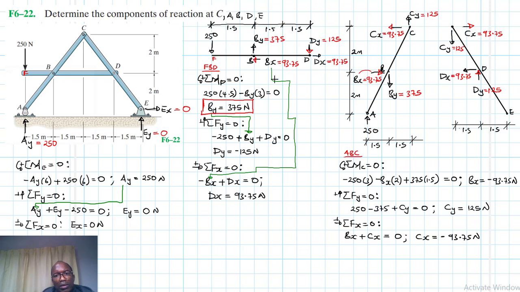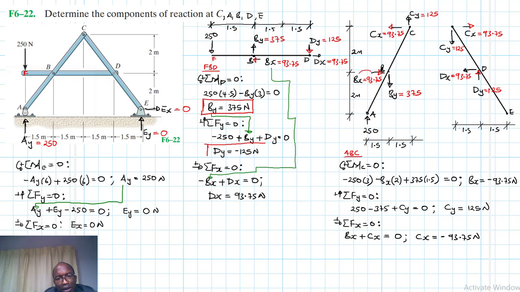This, when we sum up, yes, in the horizontal it does equilibrate. What about this one? Remember A, B, C, Cx, Bx, 125, 375, 250, yes, it does equilibrate. 93 this side, 93 this side, 125, 125, yeah. So all the members equilibrate.